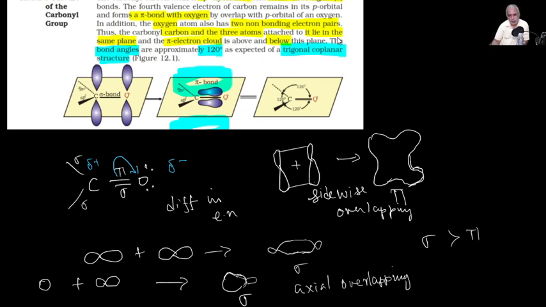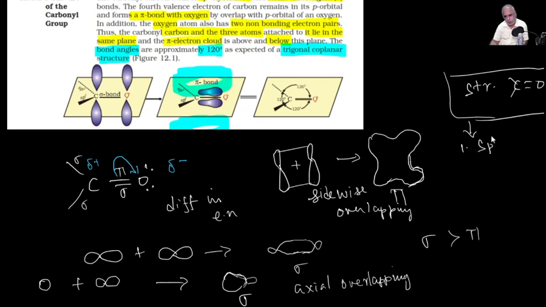So what are the key points? Based on that, you should be able to arrive at the concept map here. So we talk about the structure of the carbonyl group. Carbonyl group is this one. What are the key points here? Point number 1, sp2 hybridized. Point number 2, three sigma bonds and one pi bond. Then they are all coplanar, okay?